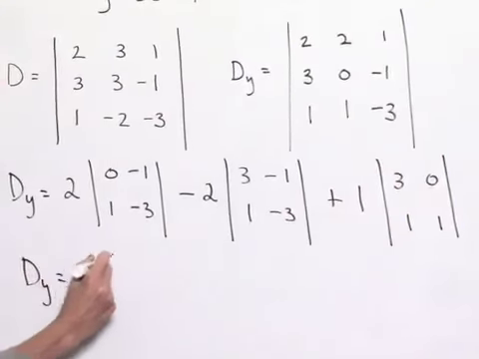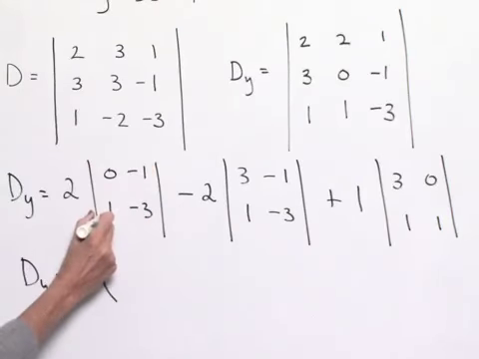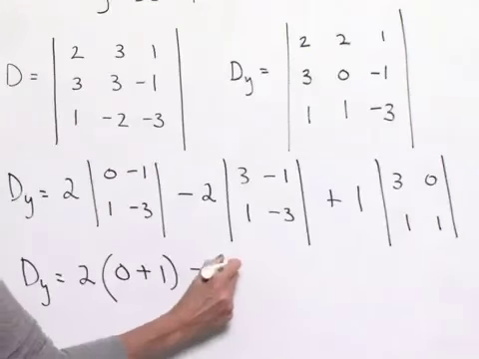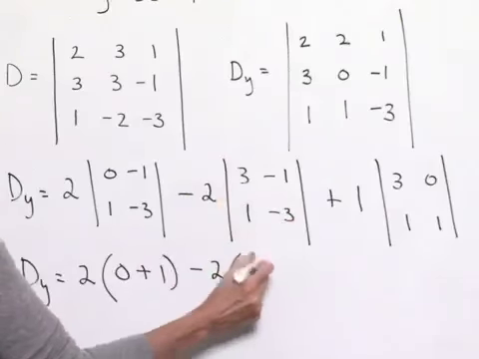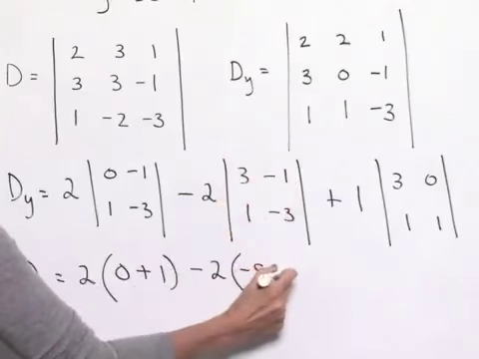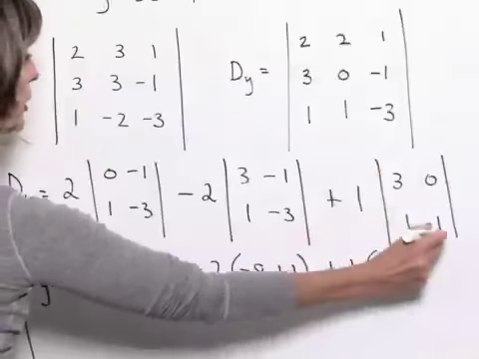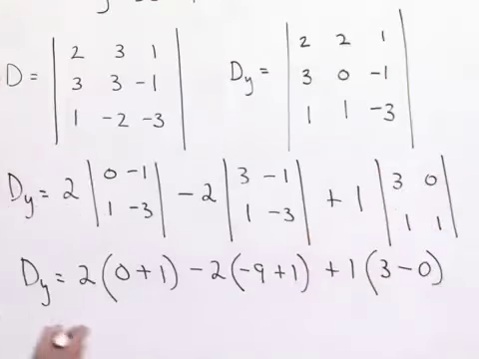This is going to be 2 times, we'll get the product here, which is 0 minus a negative 1. That's going to be 0 plus 1. Minus 2 times, we'll have 3 times negative 3, which is negative 9, minus a negative 1, which is going to be plus 1, plus 1 times 3 times 1, which is 3, minus the product, which is 0.